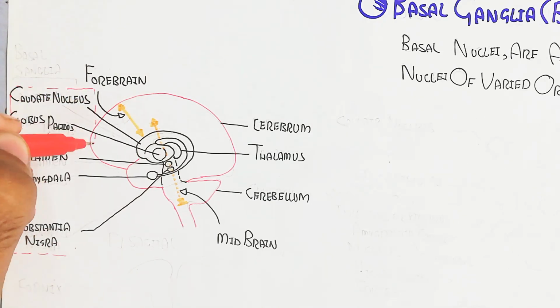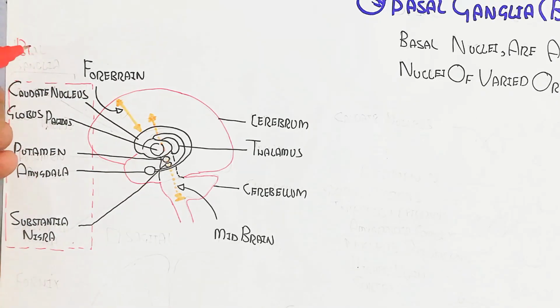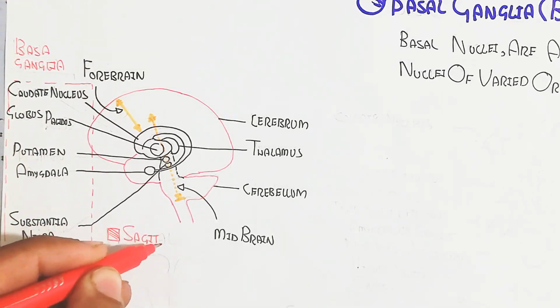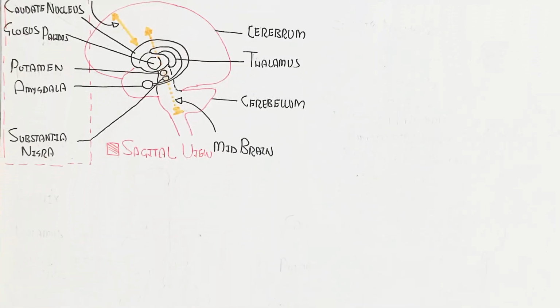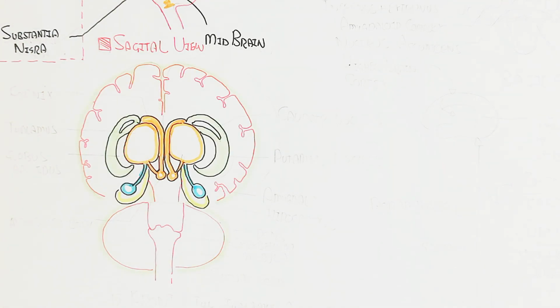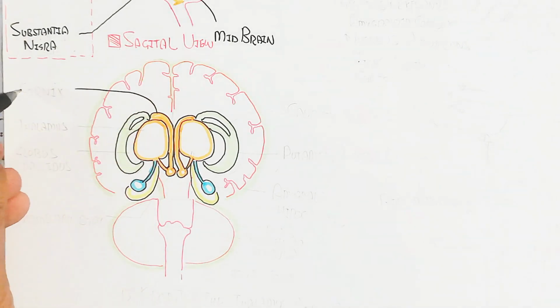And let's begin to understand the front view. This is the basal ganglia part. Let's begin to understand the frontal view, the front of the brain. It is the cross section from the front, which shows the different regions.